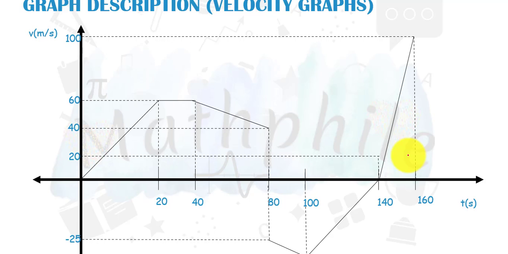For the first 20 seconds, the particle moved at a constant acceleration, sorry, not constant velocity, of 3 meters per second squared.